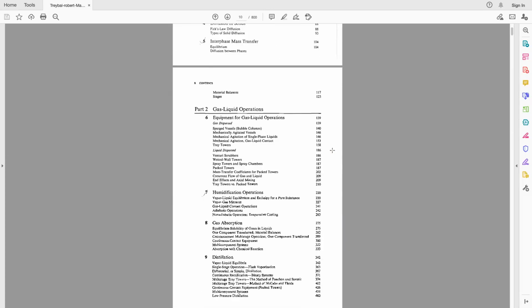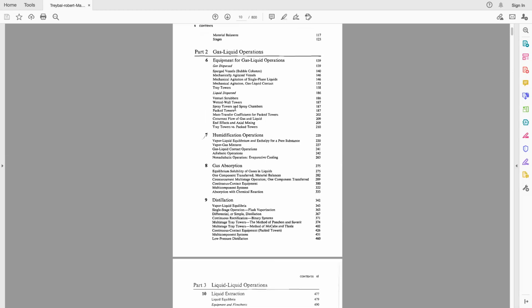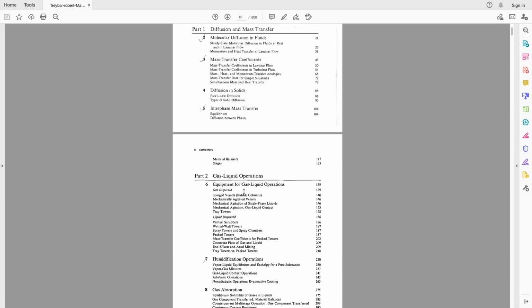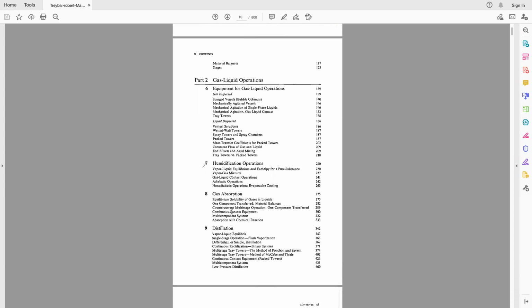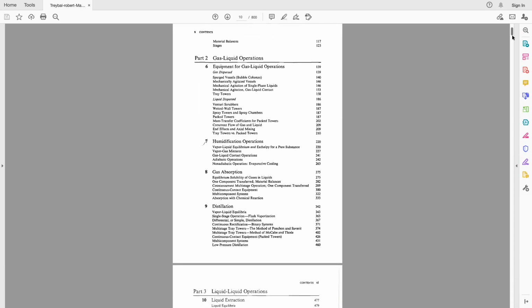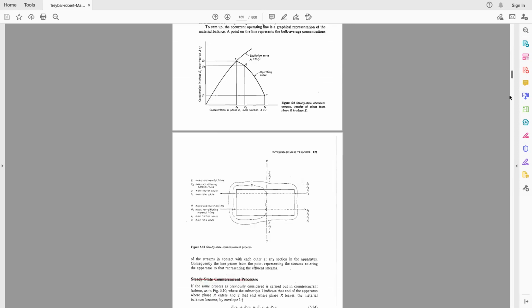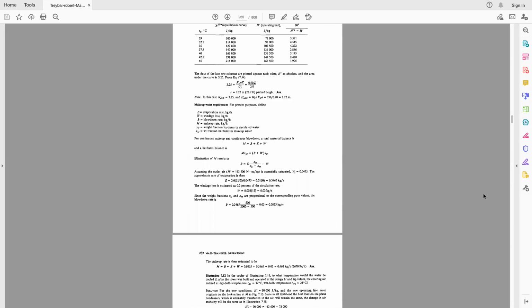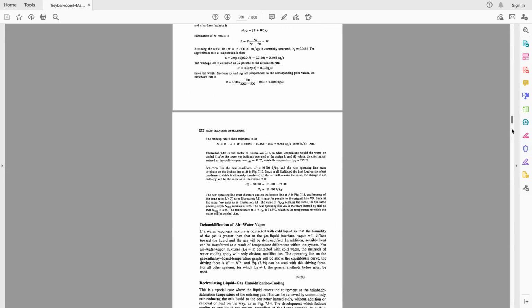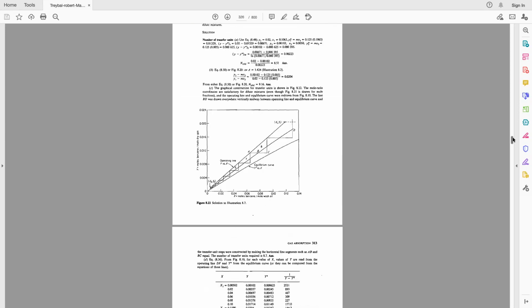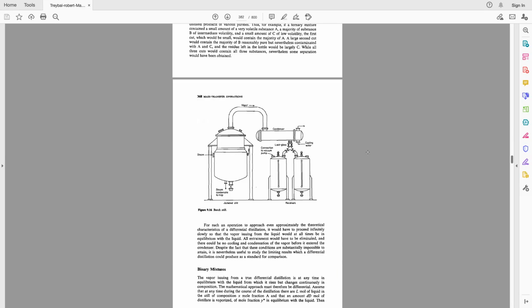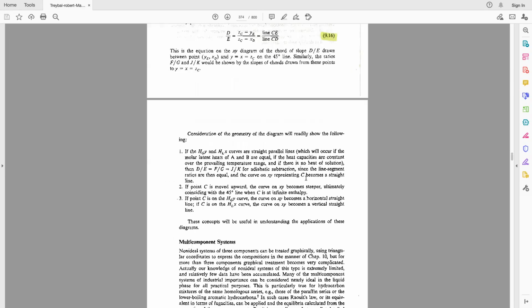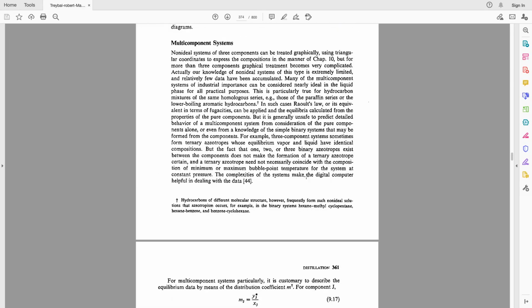The mass transfer, gas liquid operation, liquid solid fluid, gas liquid, distillation, page 342. Yeah, this is the distillation.